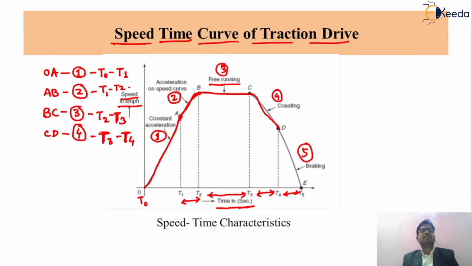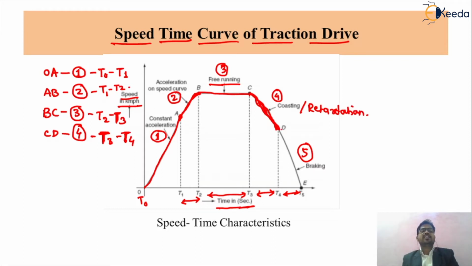At T3 to T4, the value of the speed drops, so this period is called coasting. Sometimes we call it the retardation period. So this is the fourth instant, that is CD.